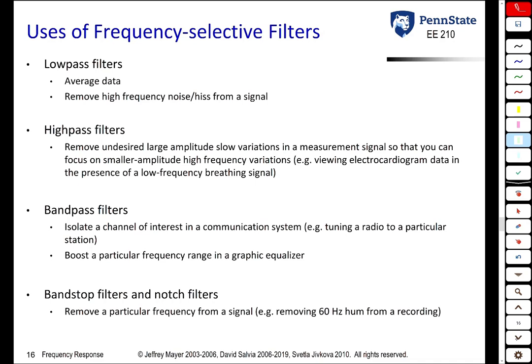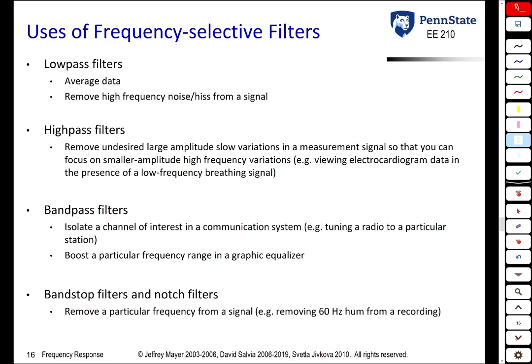Bandpass filters also show up in a graphic equalizer on a stereo. The idea behind a graphic equalizer is you might want to boost the energy of just a certain range of frequencies in the music. And so you pass the music through a whole bunch of bandpass filters. Maybe there's one bandpass filter somewhere near 1,000 hertz. So all the music that's around 1,000 hertz goes through that bandpass filter, and then you can adjust its amplitude independently from the other frequency bands.